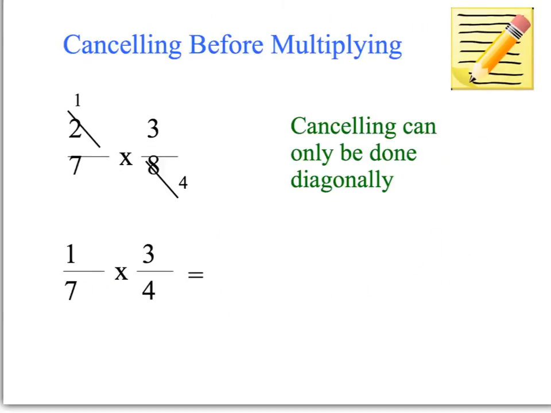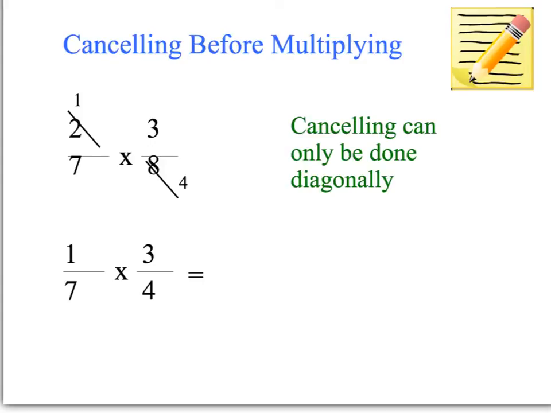There's another procedure as well. You don't have to do this, but if you don't want to multiply big numbers or you don't want to simplify when you get the answer, a good idea is to cancel out before you multiply. Now you can only cancel out diagonally, so you can only cancel across this way or this way. The numbers actually have to have a common factor so that you can cancel them.